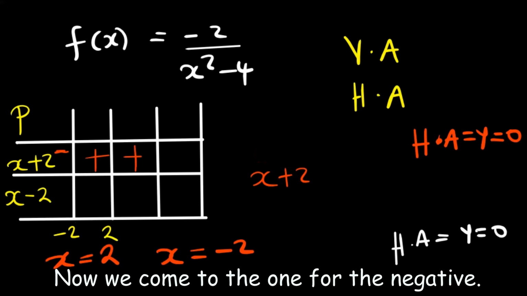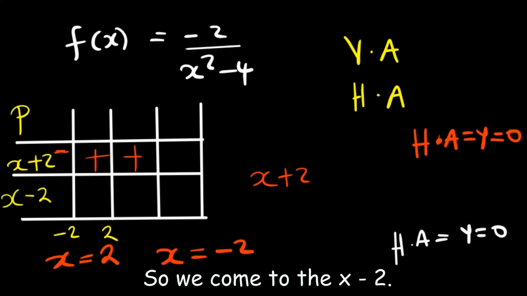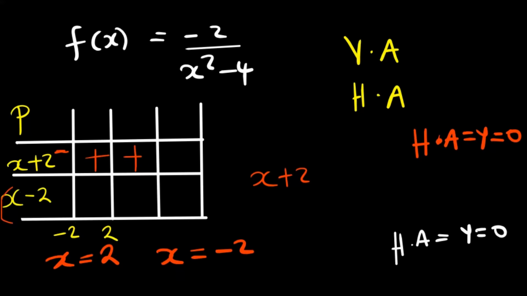Now we come to the one for the negative, x minus 2, which is the one that gave us +2.